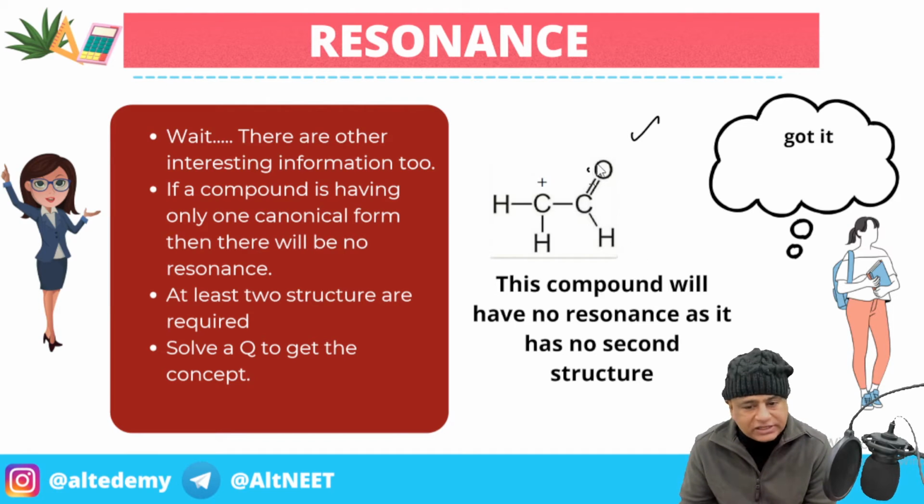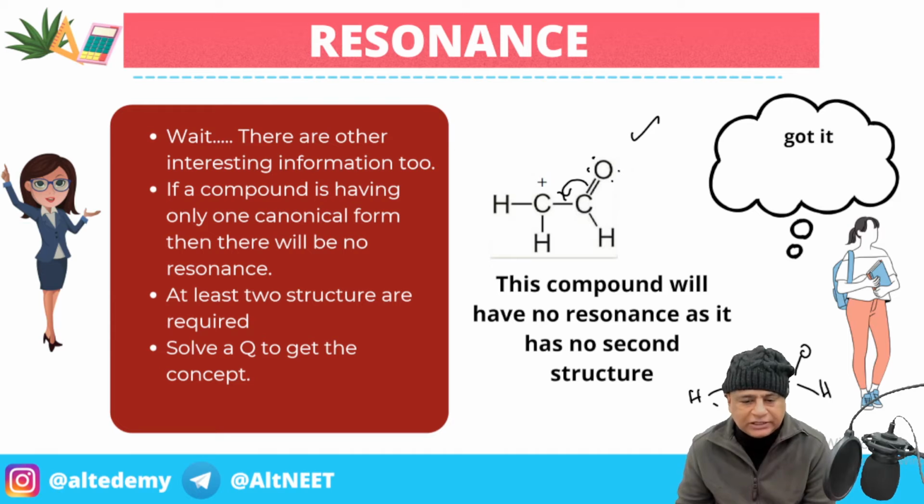You may ask why it is like this. Suppose there are electrons here. Suppose you say this electron moves here. If this electron moves to this place, what is happening? Just try to have an idea. We have H, C double bond C, O, H, and this is H here.